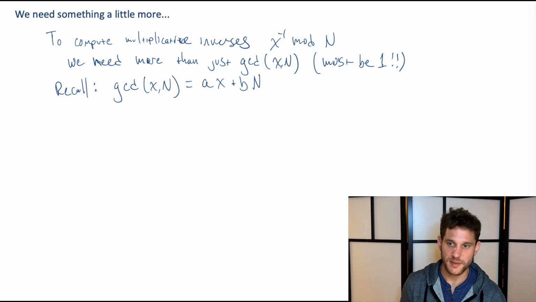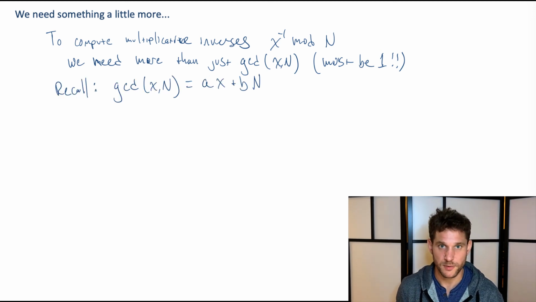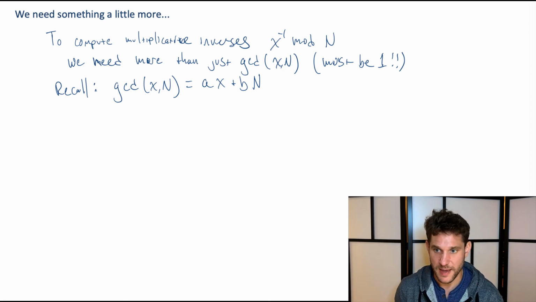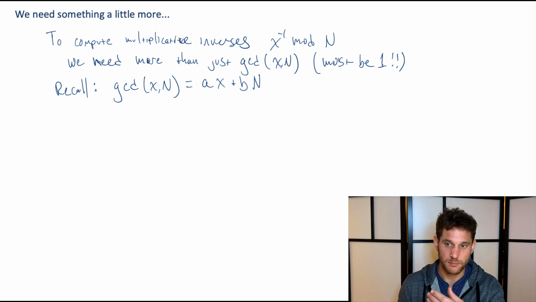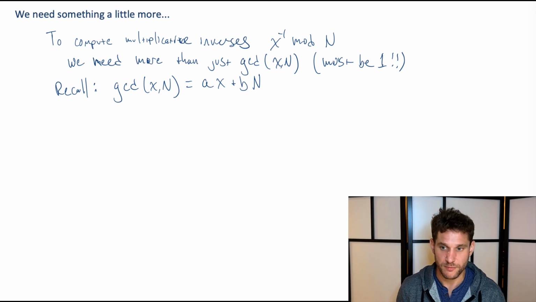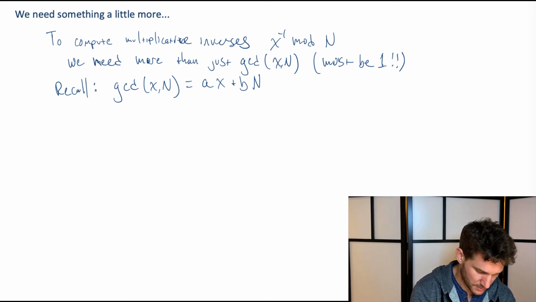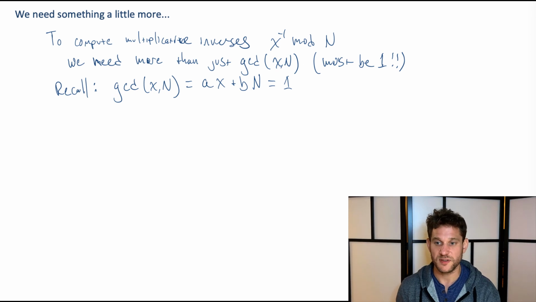Let's recall something that we mentioned earlier in this lecture. The GCD of x and n can be written as an integer combination of the integers x and n. You can write it as ax plus bn. And so, if that GCD equals 1, that means we can compute an inverse.